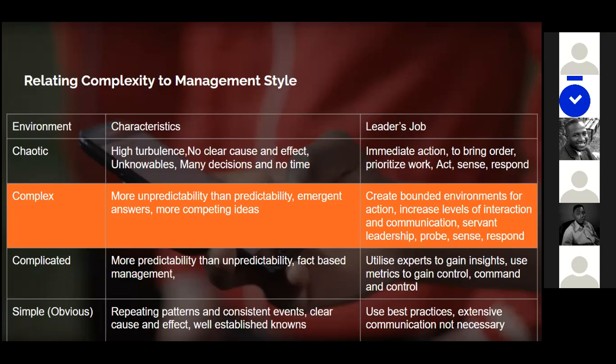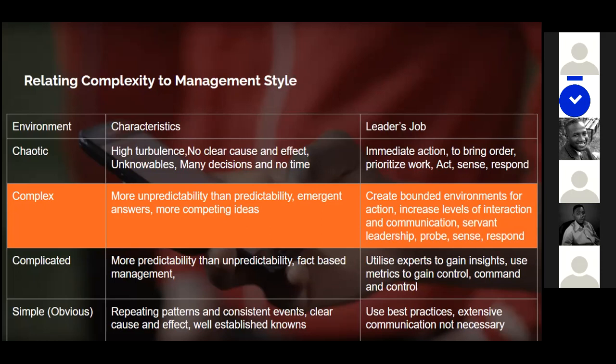But when you look at complex, and that's where we want to focus on, in a complex situation, there is more unpredictability than predictability. Emergent answers, more competing ideas. And what do leaders need to do? They have to create bounded environments for action, increase levels of interaction and communication.